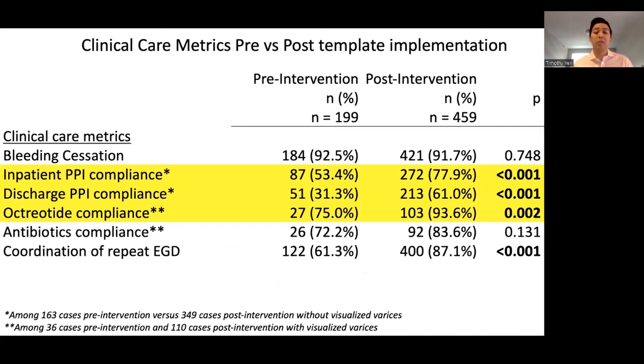The inpatient PPI compliance improved from 50 to 78%, discharge PPI improved from 30 to 60%, and octreotide compliance, which was fairly high already, went from 75 to 93%. And then on the gastroenterologist side, we were more likely to remember to set up that repeat endoscopy, for whatever reason, for variceal surveillance or to make sure that an ulcer is not cancer. And that went from 61 to 87%.